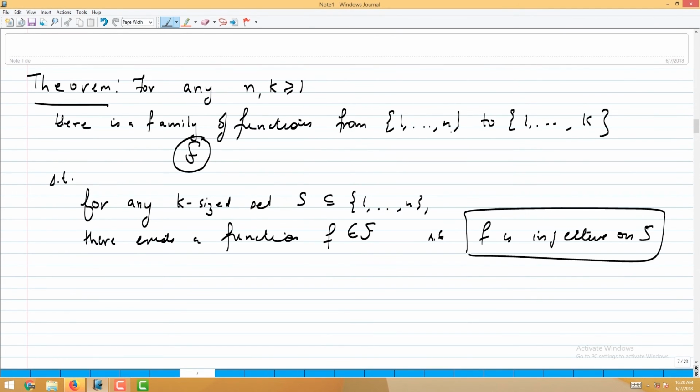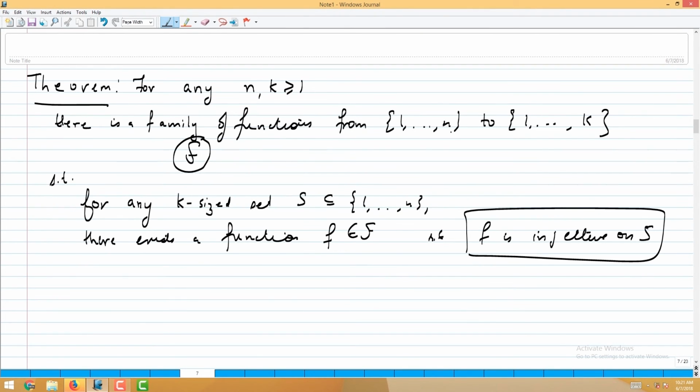So can you always find such a family of functions? You want one function for every set S of size k in this family which is injective. The size of the set is exactly k. We just said for any set there is always a function. Suppose I take all the functions from 1 to n to 1 to k.